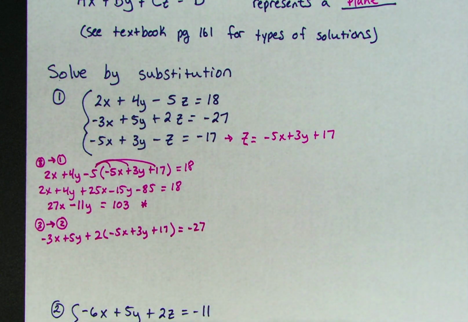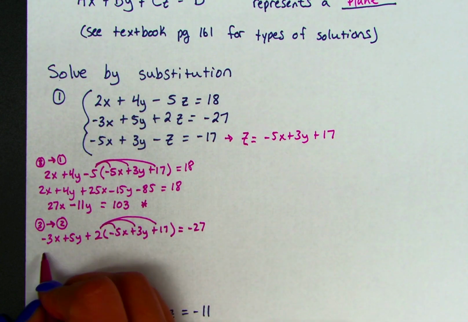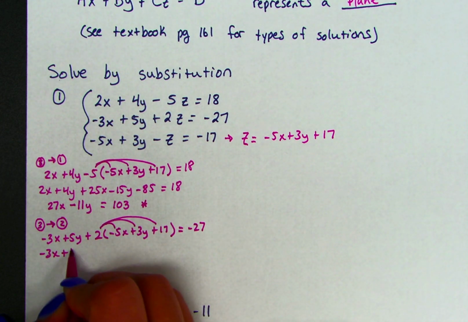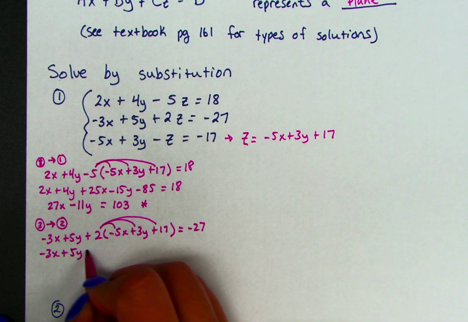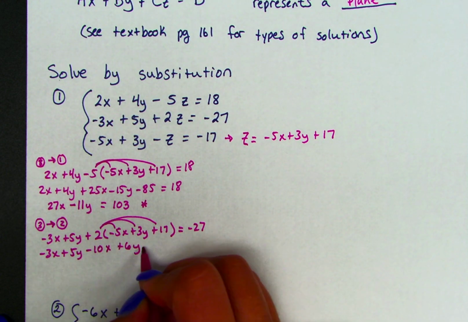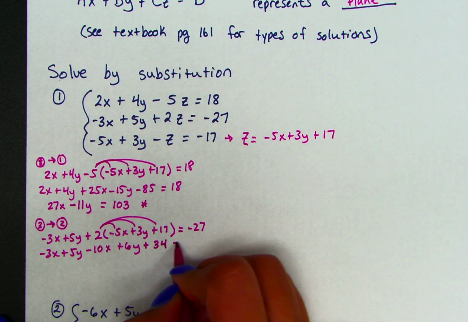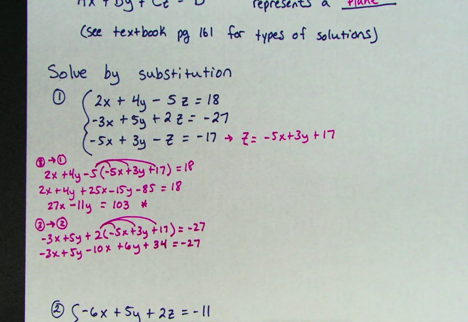Again, now I'm just going to simplify, so that means I need to distribute. So negative 3x plus 5y minus 10x plus 6y plus 34, and then equals negative 27.